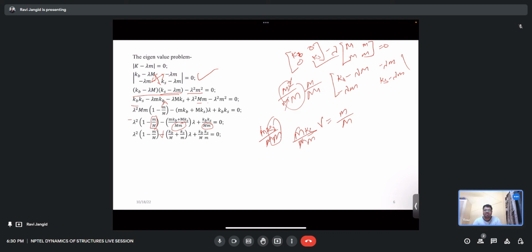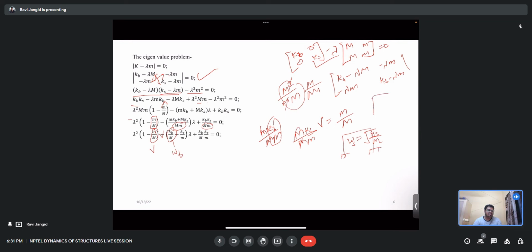Now I need to write the equation like this. I will replace this with gamma, and this I can replace with omega b, because we have discussed, for the single SDOF system, that omega s is ks by the small m, k by m.